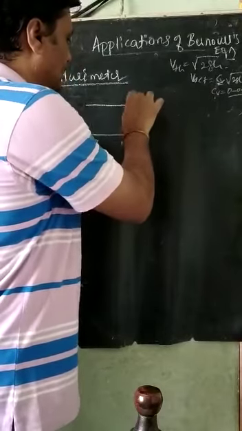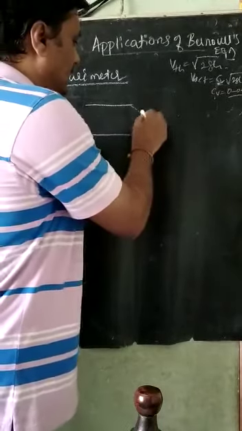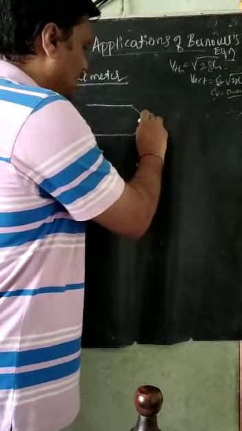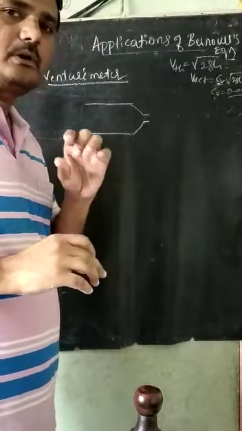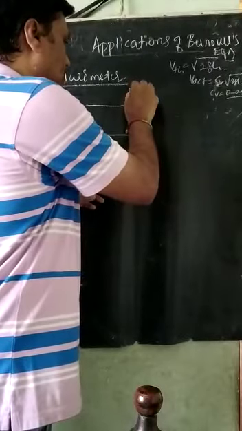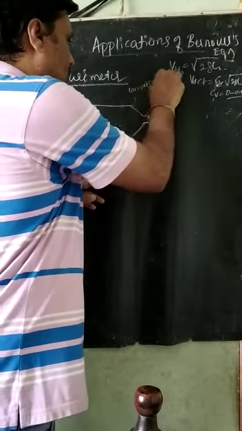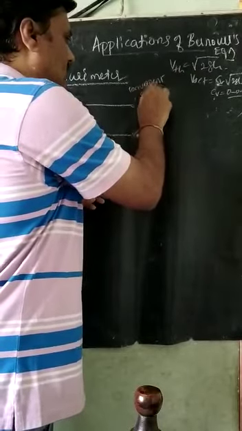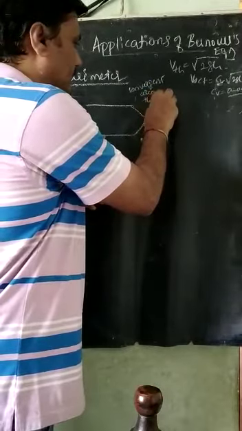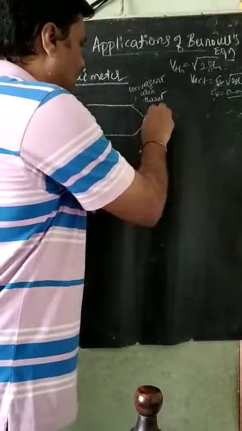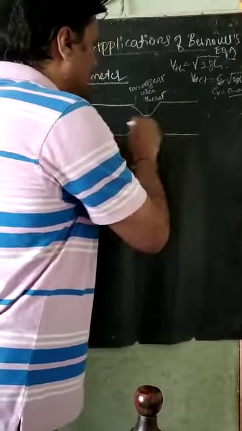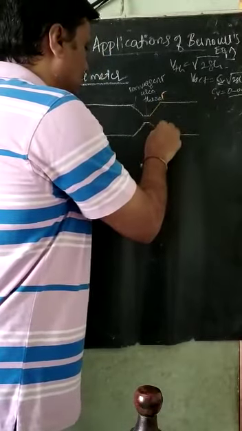The setup starts from here, then it has a convergent portion of the pipe, then a very small constricted area, which is called the throat. The next portion is the divergent portion. So this whole assembly is called the Venturimeter.